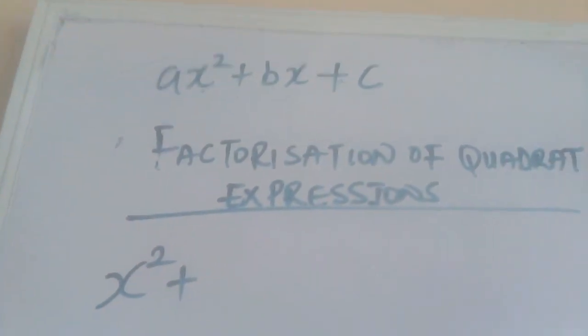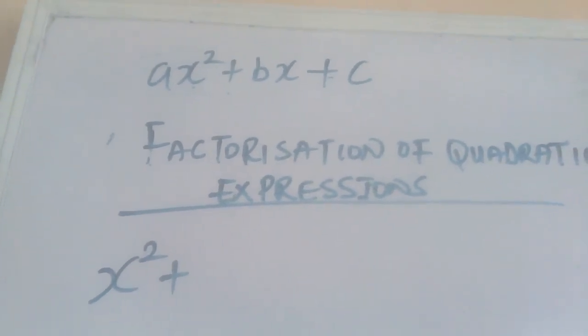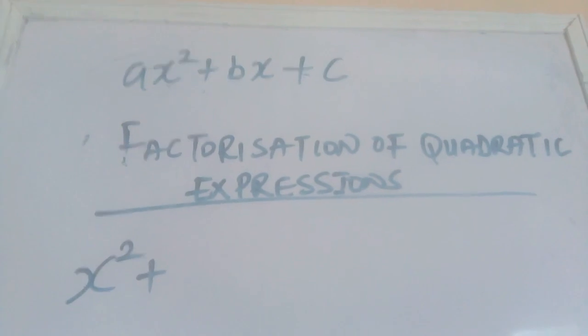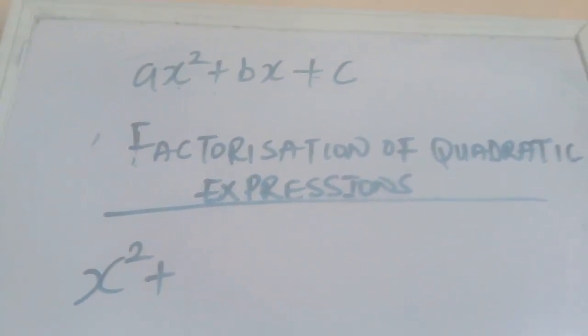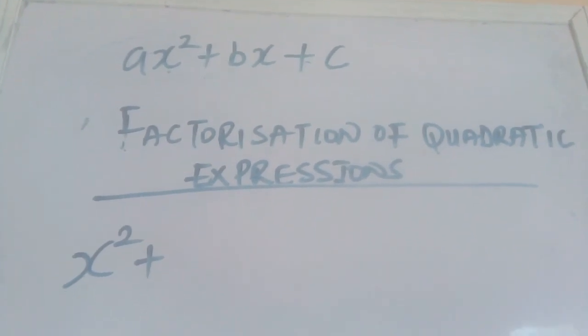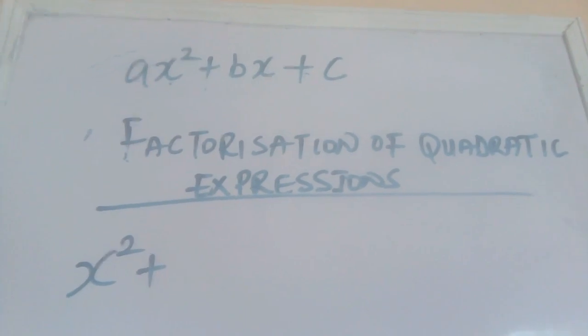So this is the general form of a quadratic expression. Every quadratic expression has the variable raised to power 2, and that's the way you can identify a quadratic expression. The highest power of the variable will be 2.